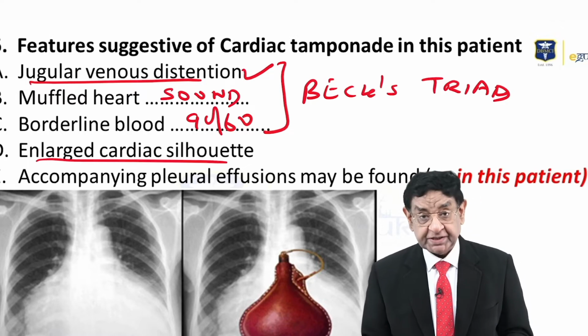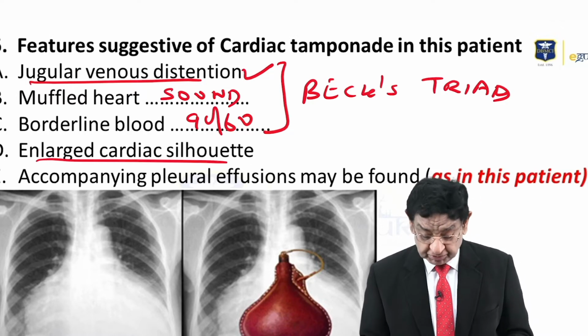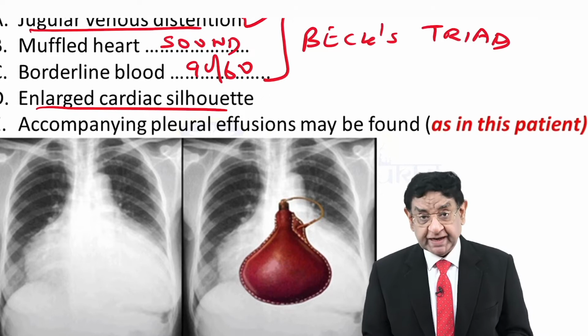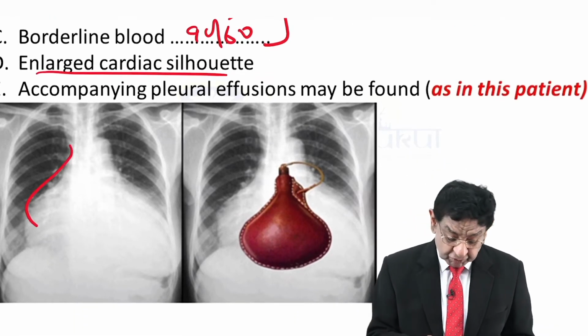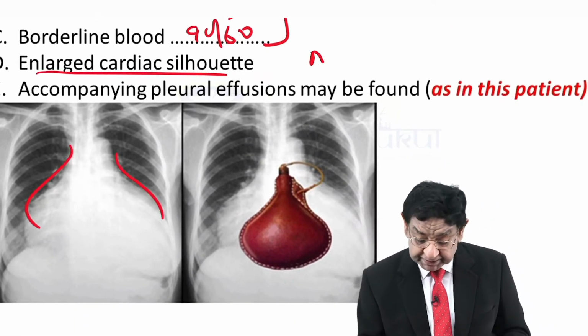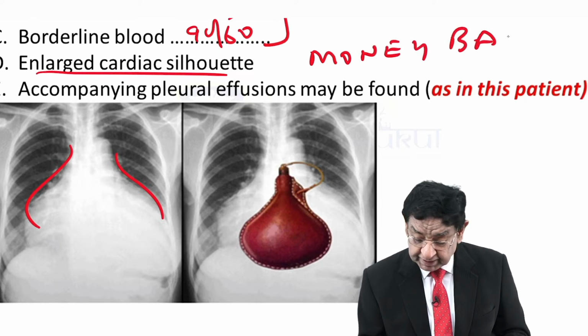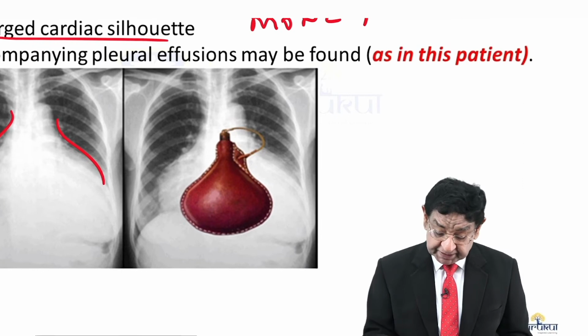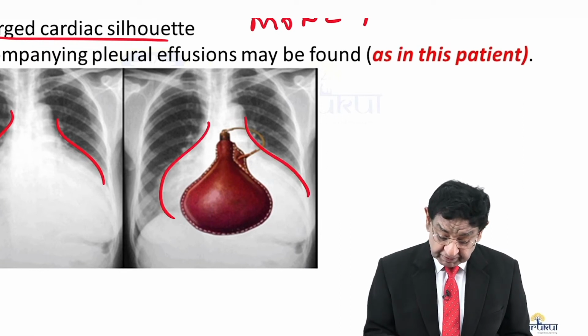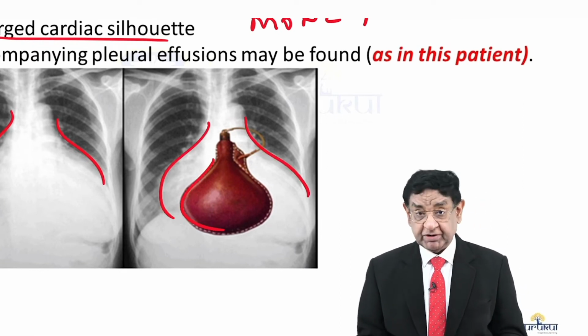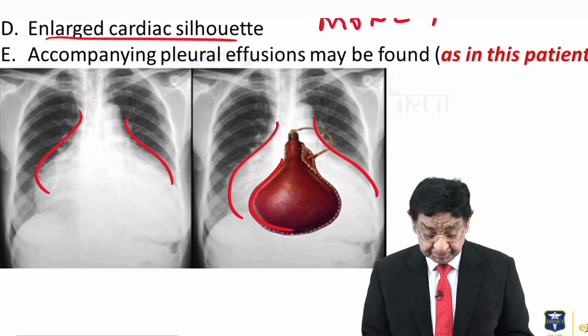Enlarged cardiac shadow, which is there in the X-ray also. So what actually we get is the so-called money bag appearance, and that is very nicely depicted in this picture. Also, money bag appearance. Cannot afford to forget this picture.